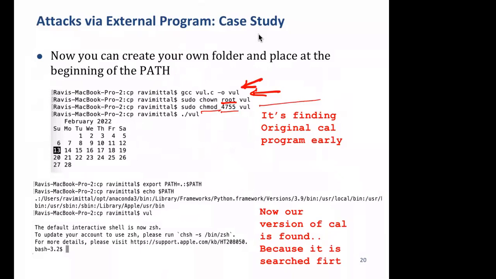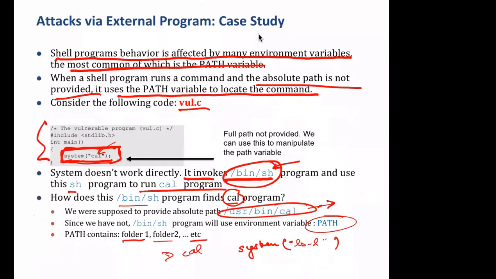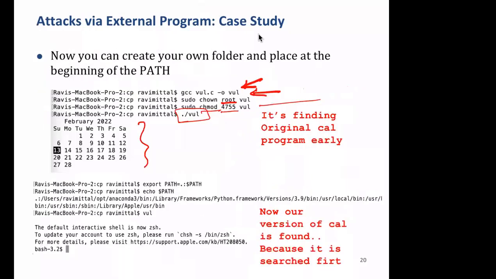Now you run this. What will happen? It will print the normal calendar, because it tries to find out where cal is, finds it in one of the directories, and executes that.